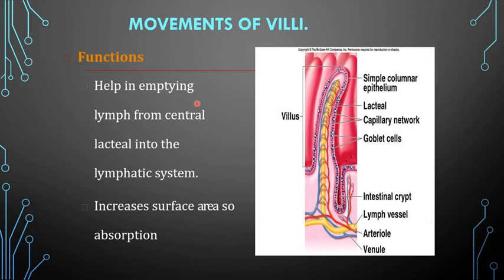The function of this villi movement is that it helps in emptying the lymph from the central lacteal into the lymphatic system. Emptying of lymph from the central lacteal into the lymphatic system is the main function of villi movement, and it also increases the surface area of absorption.